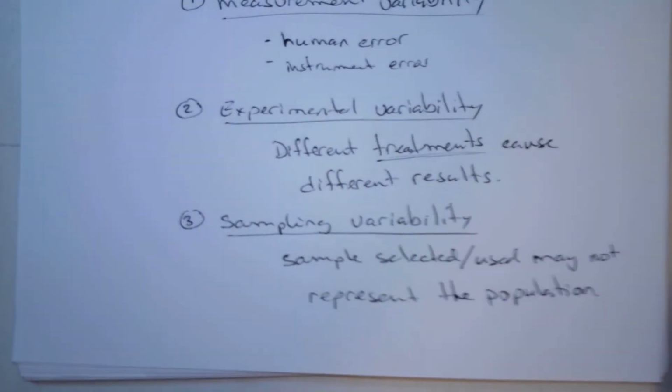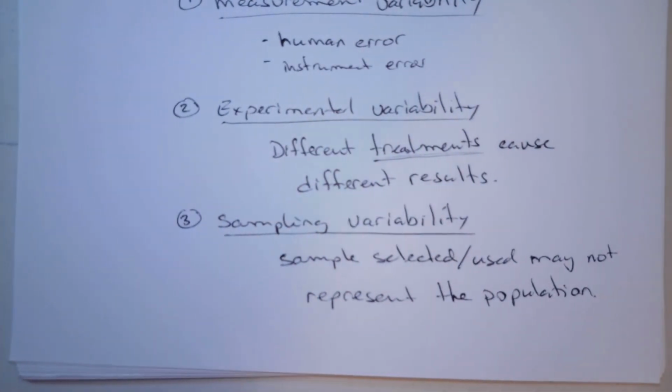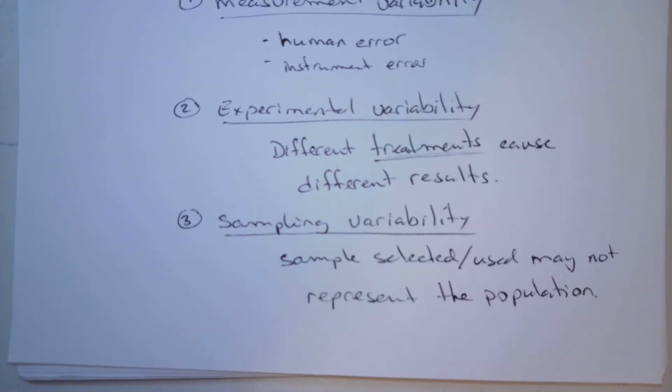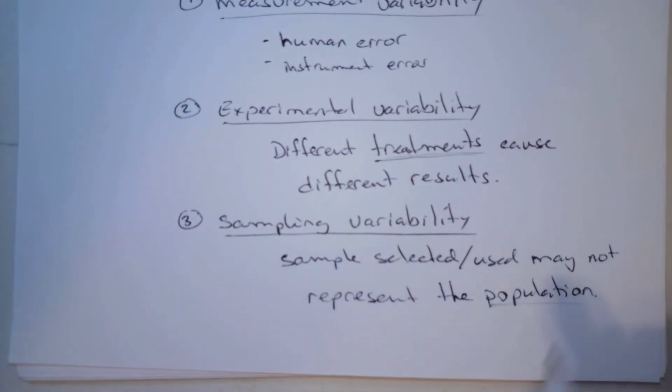For example, in a political study, if you go to a certain town where everybody is one specific way, then their votes may be skewed towards one of the political candidates. So the sample may not reflect the population's opinion.